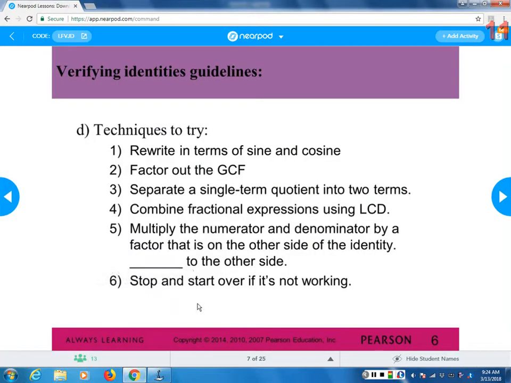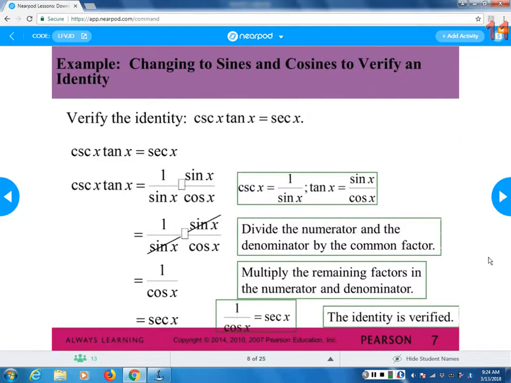And stop and start over if it's not working. But it's going to take practice. We're going to do a few of these. We're going to verify. There's a times symbol missing where you see these boxes on the slide. It should be times.